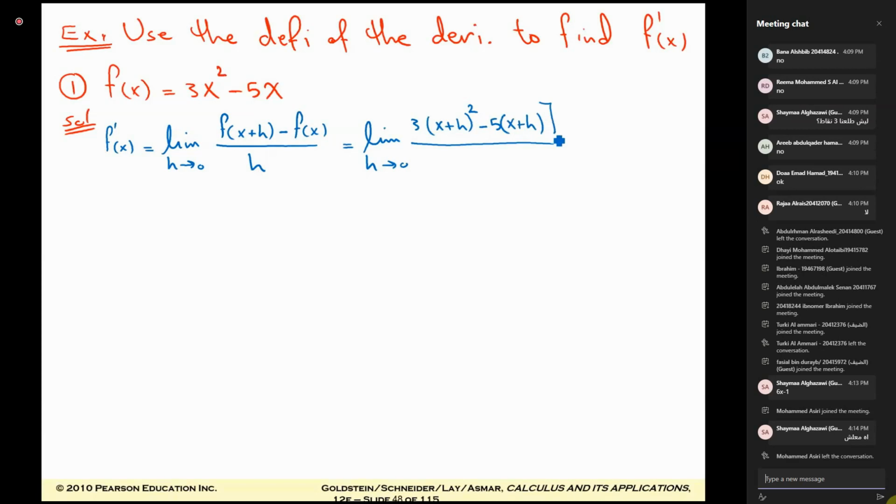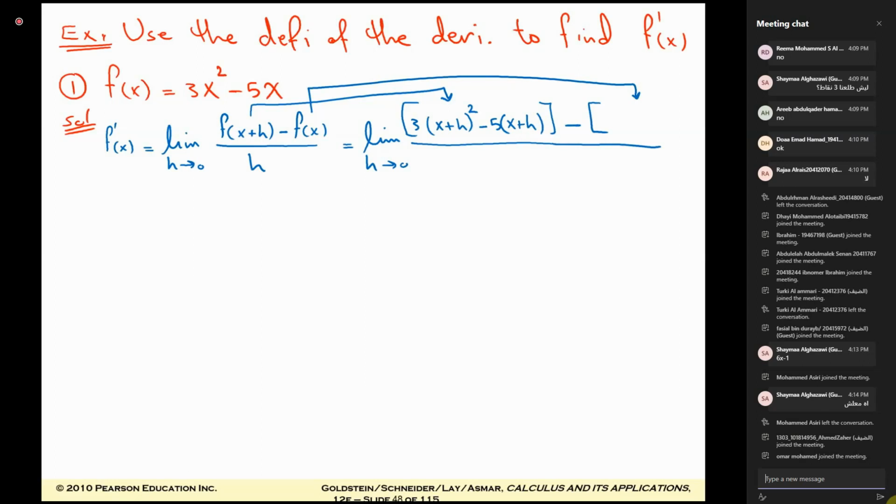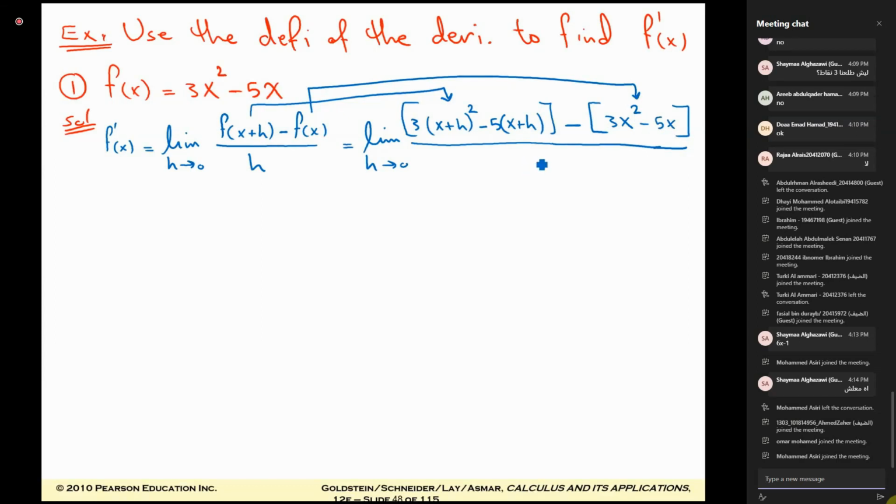This is f of x plus h, minus what? Minus f of x. F of x is the same as in the exercise. So we have 3x squared minus 5x, over h.